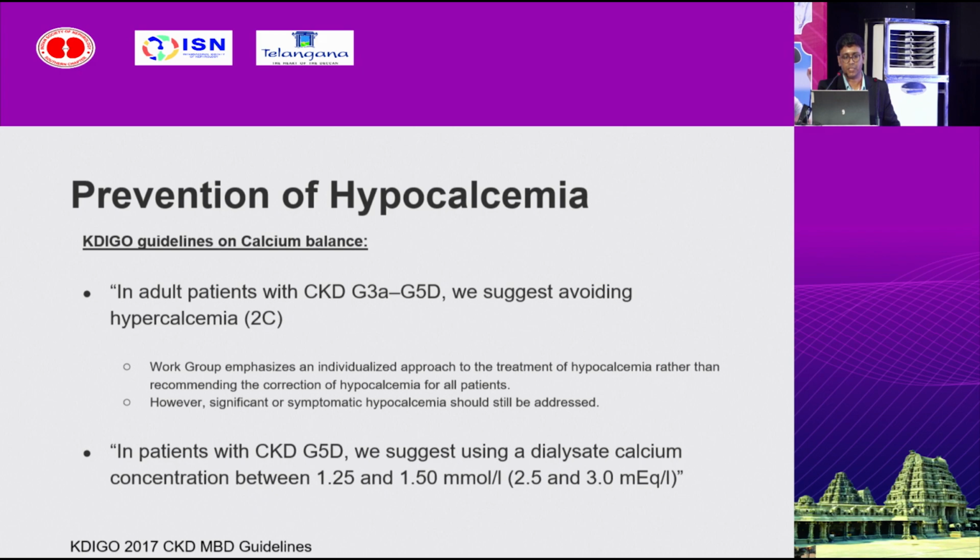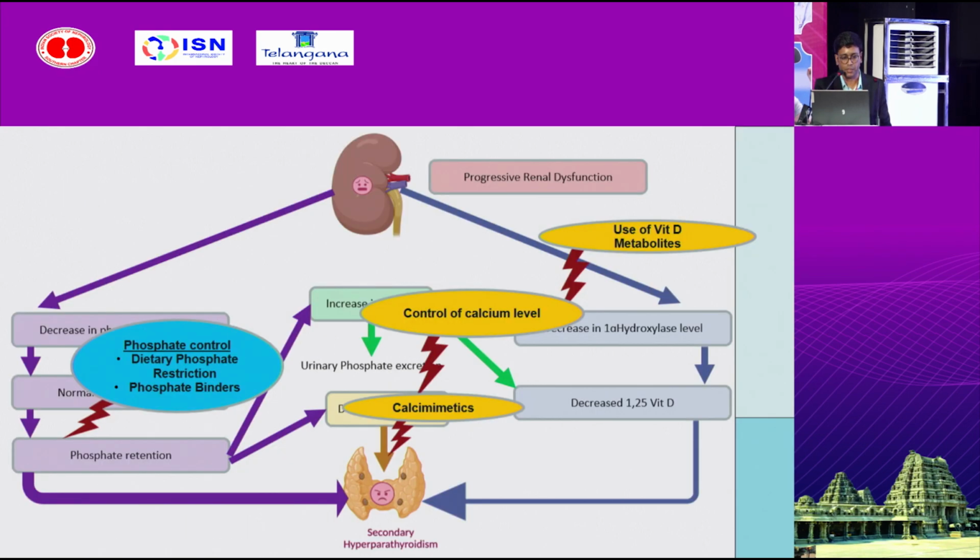And in patients with CKD stage 5D on dialysis, it emphasizes maintaining dialysate calcium between 1.25 to 1.5 millimoles per liter.